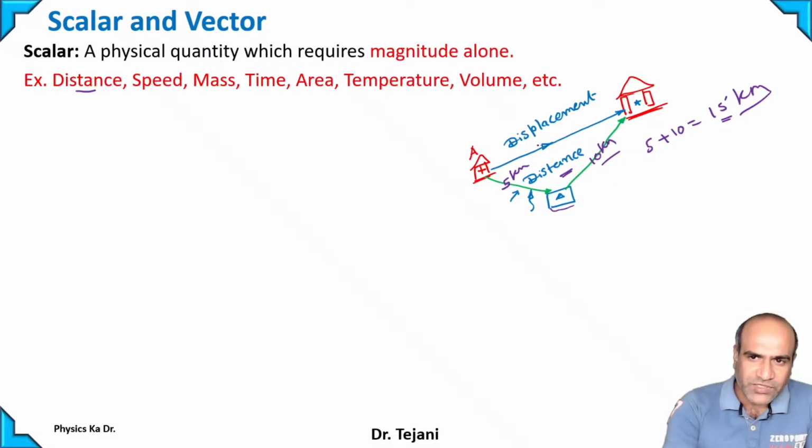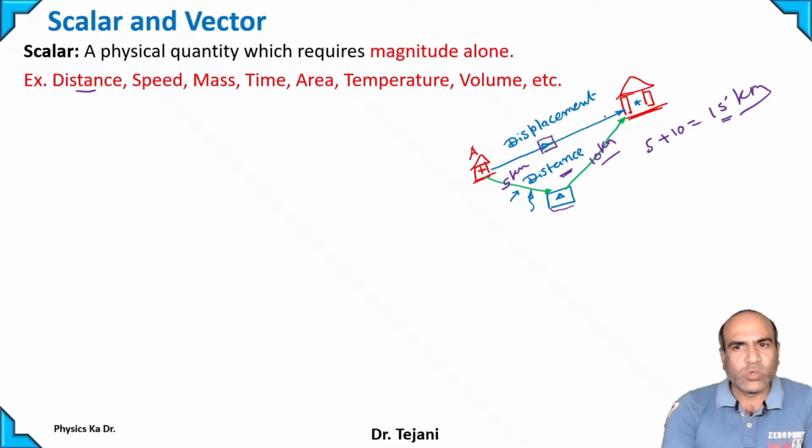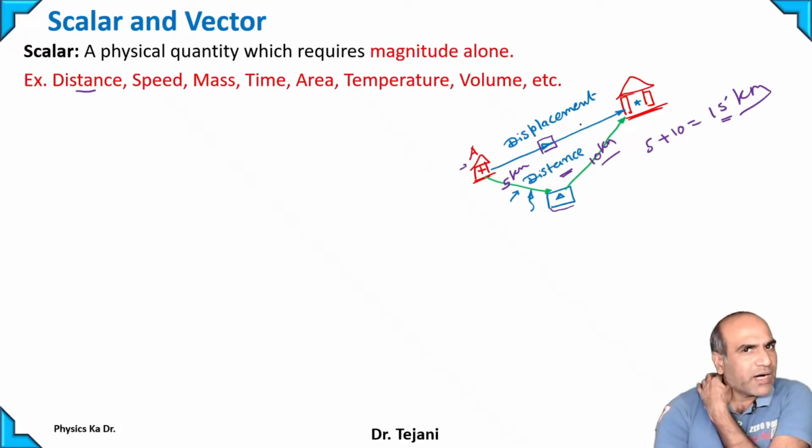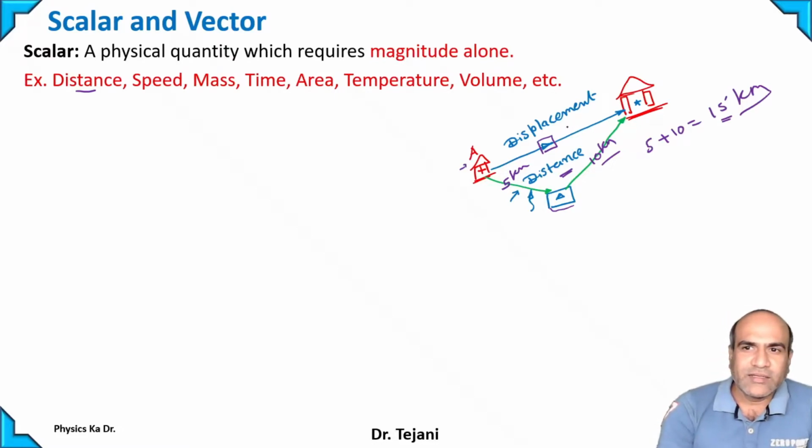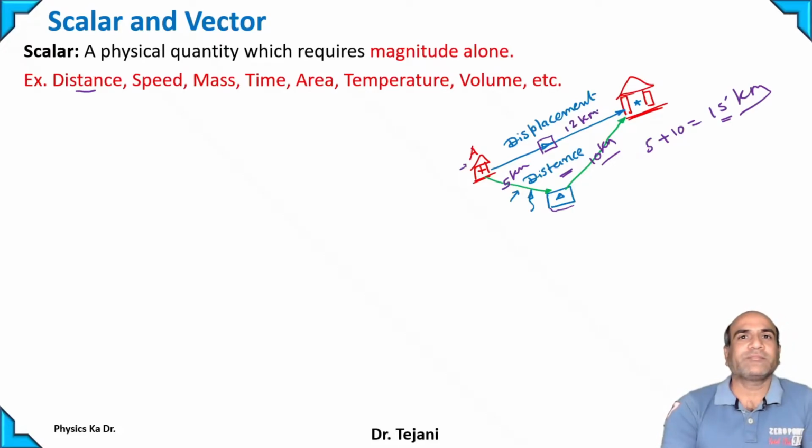But if she travels directly straight from home to the school, say for example, the total distance from home to school in a straight path is 12 kilometer.